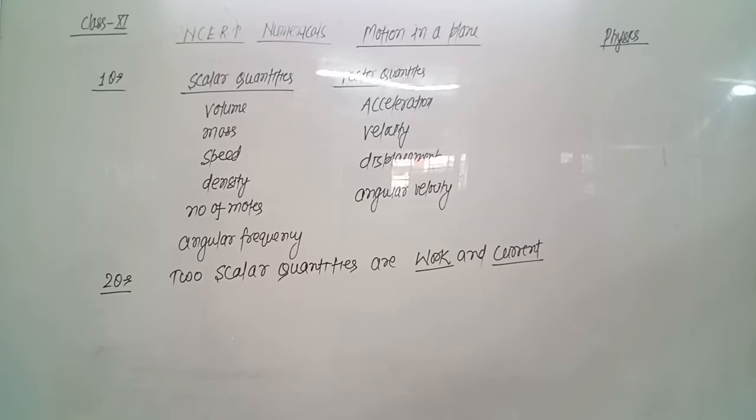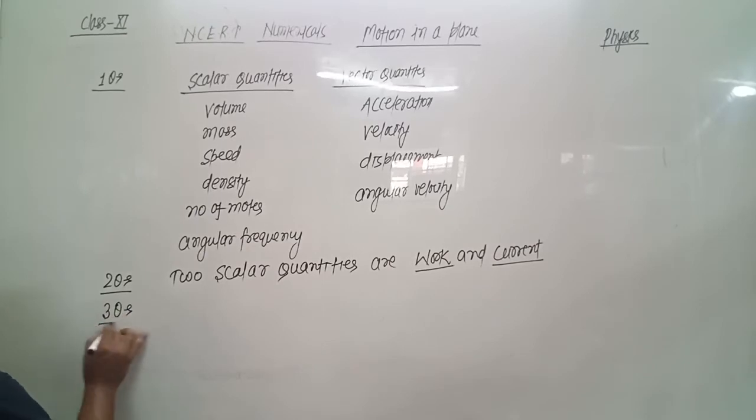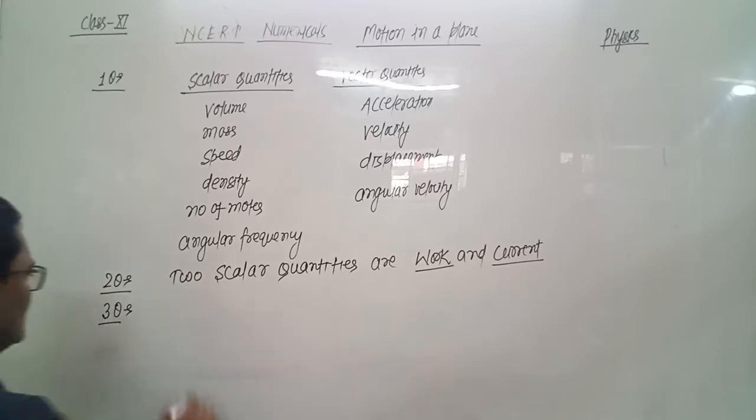Now the third question is, pick out the only one vector quantity in the following. So in the given list, the only one vector quantity is impulse.